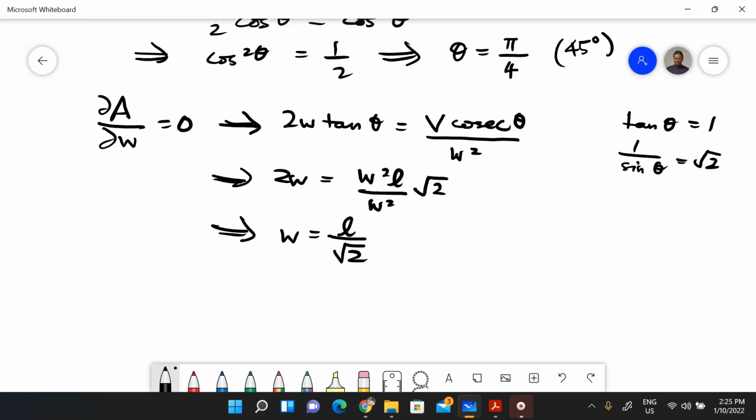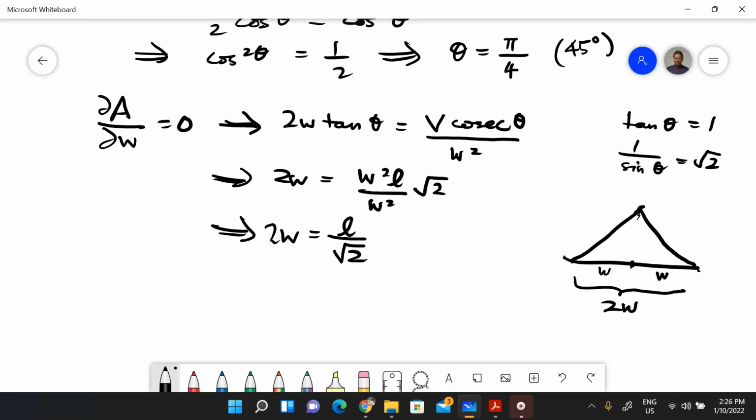That should be 2W. Remember that the tent is essentially from here to here is W, from here to here is W, so it's actually 2W.